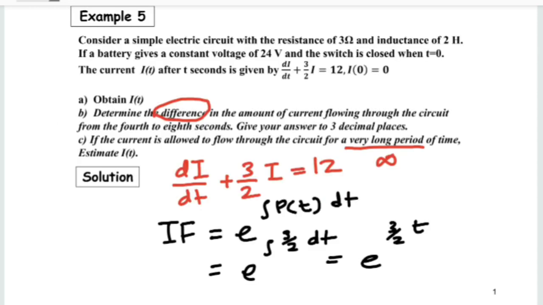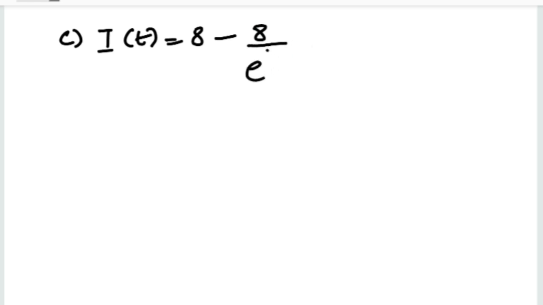And now let's look at question C. If the current is allowed to flow through the circuit for a very long period of time, that means we substitute t with infinity. Estimate I(t). We know our I(t) is 8 - 8 over e^(3/2 t).